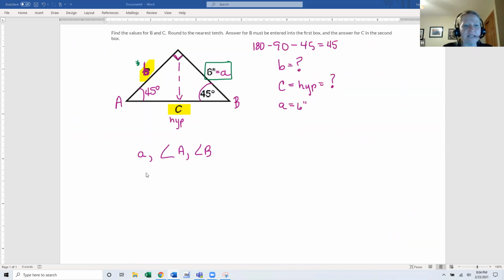Okay, so tangent, if we want to solve for little b, here's a quick thing to think about. Does it matter if I do tangent of angle A or if I do tangent of angle B? What do you think?